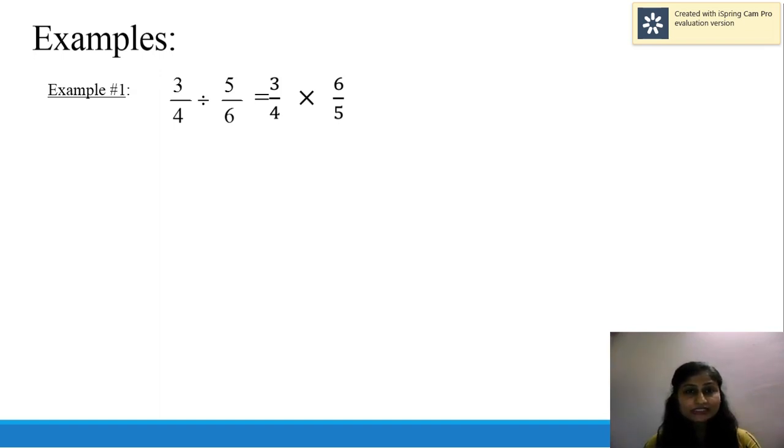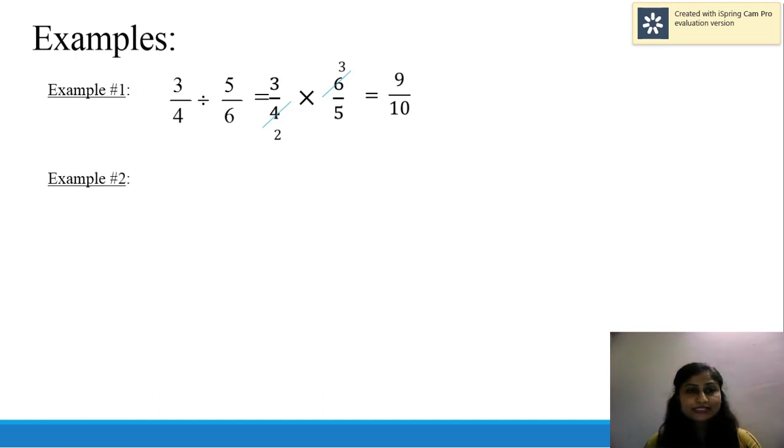Then we multiply it, and before that we do cross reduce. Here 2 2s are 4 and 2 3s are 6. And then we multiply it, 3 3s are 9 and 2 5s are 10. So it is 9 upon 10.